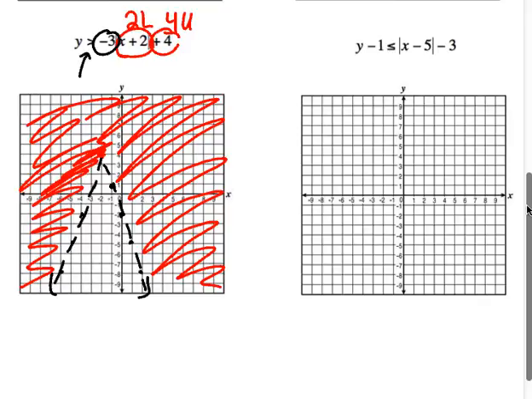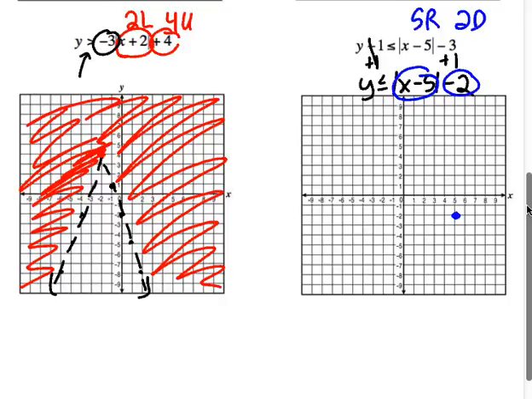And finally, the last one. The little trick to remember is if we graph anything, it has to be in y equals form, okay? So here, I'm going to have to add that 1 over before I can do anything. And now that I've done that, I can see this is taking me 5 to the right and 2 down.